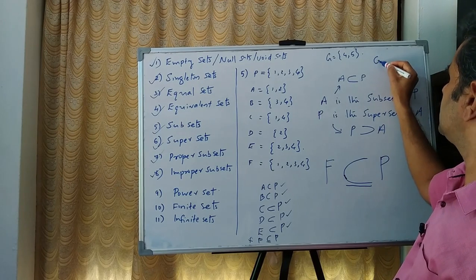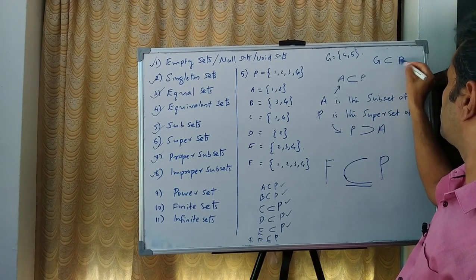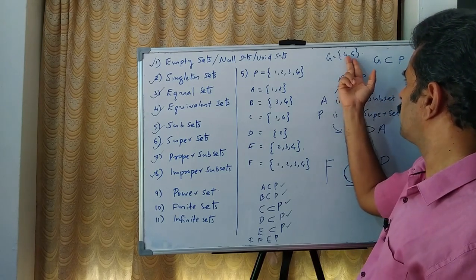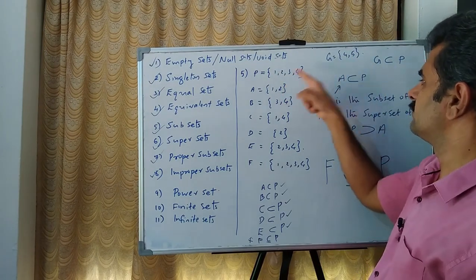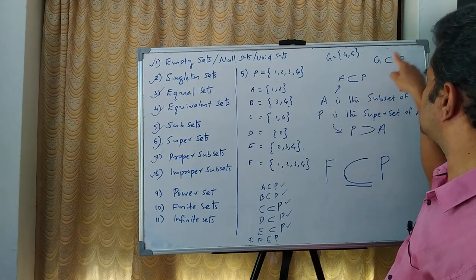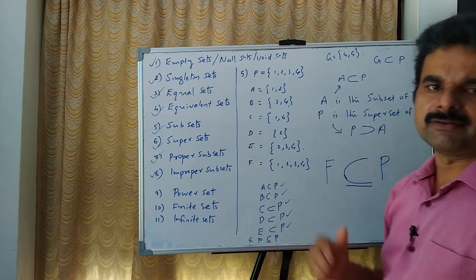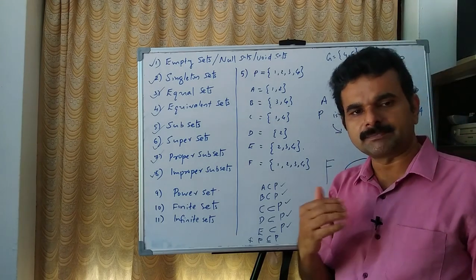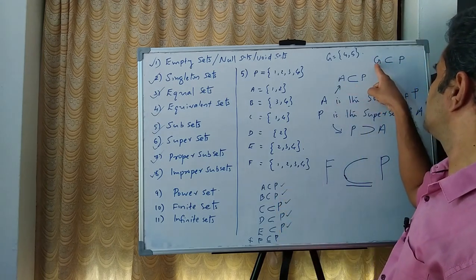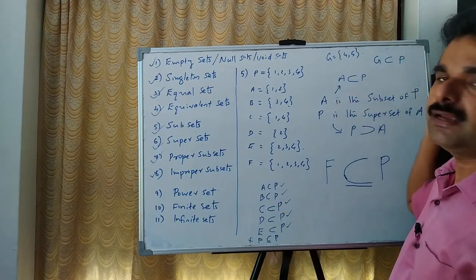Is G a subset of P? G is a small set, 4, 5. P is a big set, 1, 2, 3, 4. Is G a subset of P? Simply, when we say subset, it is what? Proper subset.